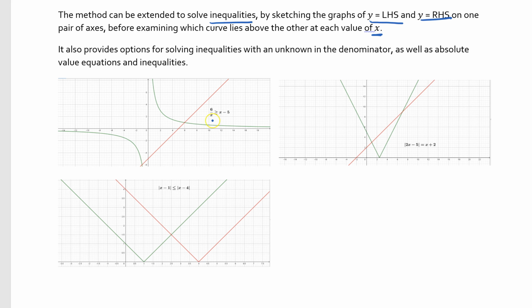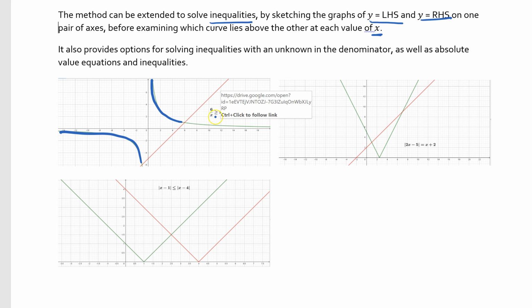So back here with my smaller version of the diagram, I can see that what I wanted was where the hyperbola is above the straight line. So the hyperbola is higher than the straight line for this part of the curve and for this part of the curve. So that means that's our solution to this inequality.